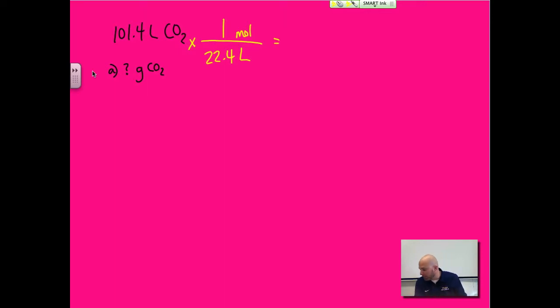Now I'm going to simply divide and get my trusty calculator again. I have 101.4 divided by 22.4. The 22.4 is in the denominator, so I'm going to divide. 4.53 moles of CO2.